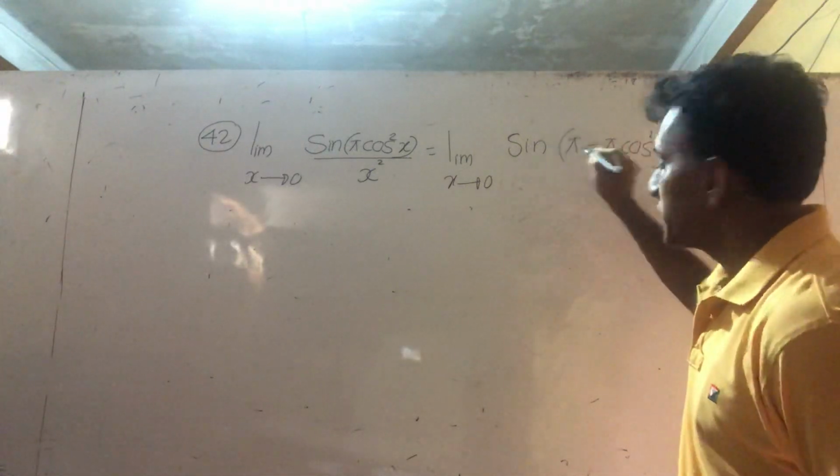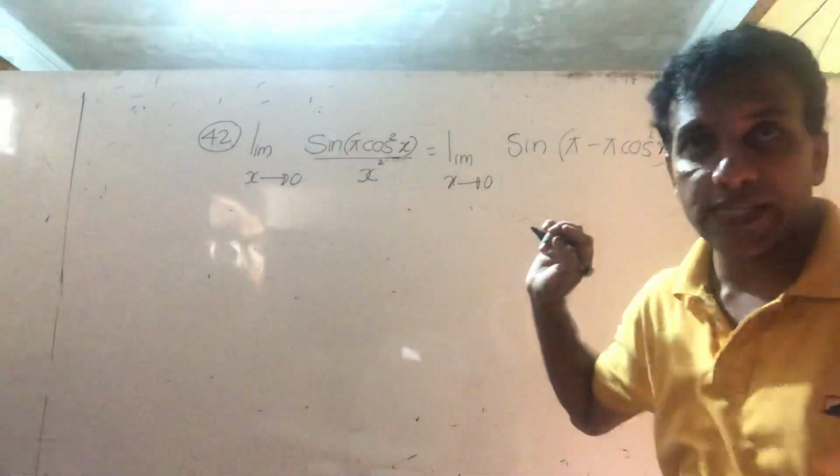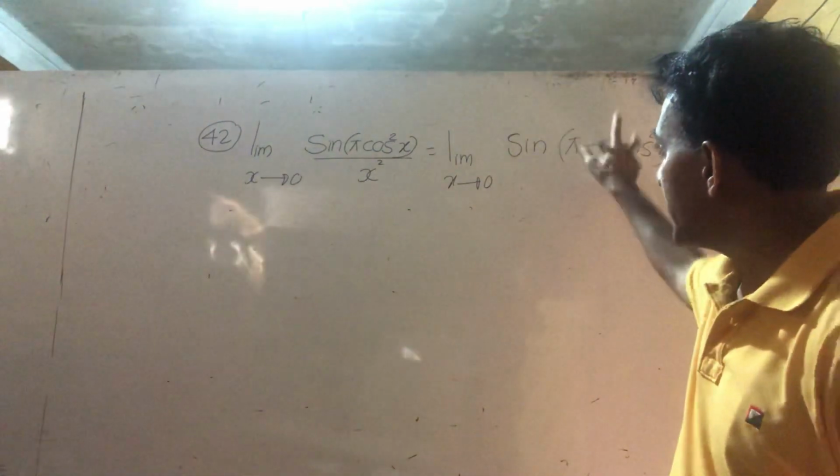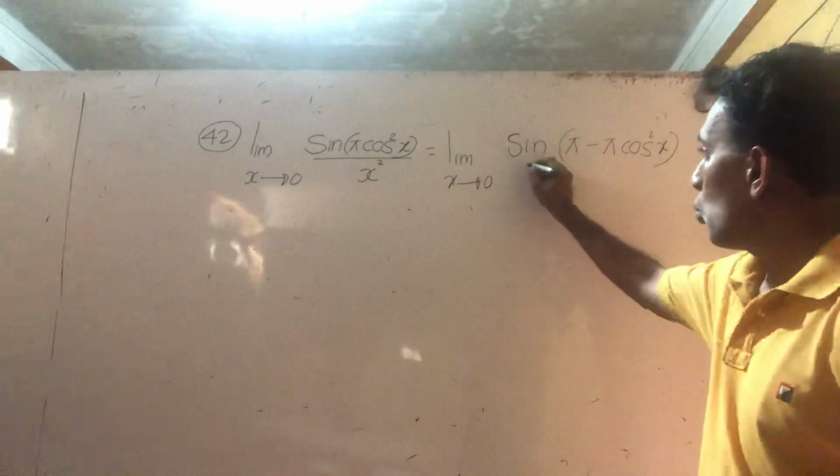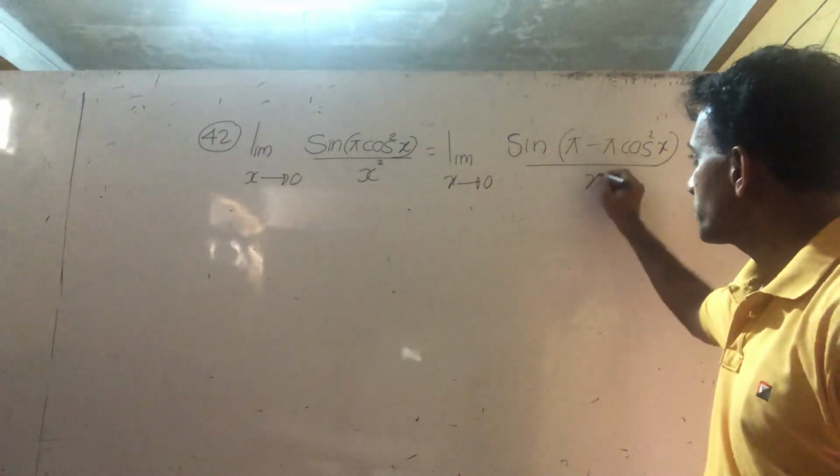Is it okay? The basic trigonometry identity is sin(pi minus theta), pi minus angle, is sin of the angle, over x².